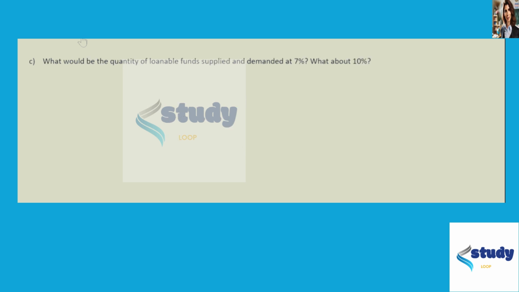For question C, what would be the quantity of loanable funds supplied and demanded at 7%? At 7%, both Ron and Hermione can invest at a higher rate, so they're both going to demand money.